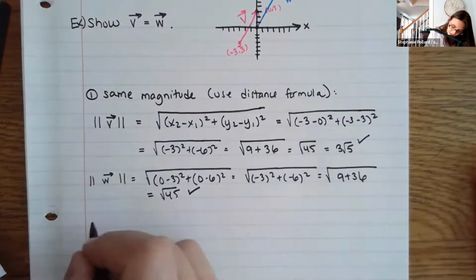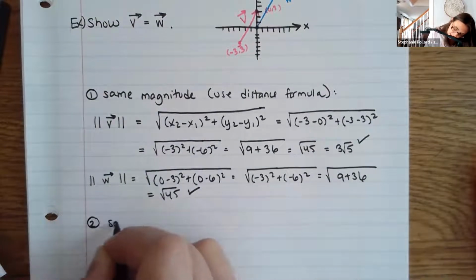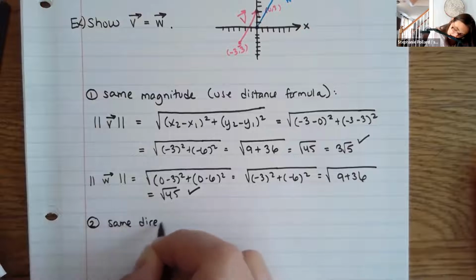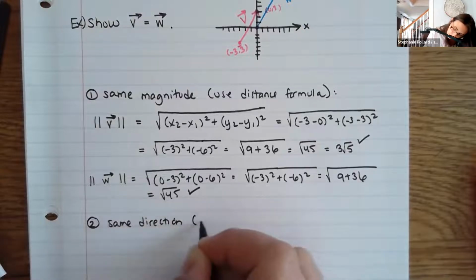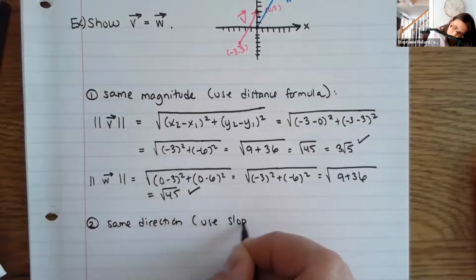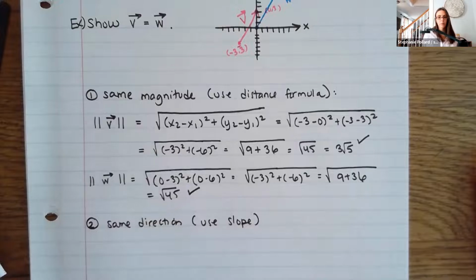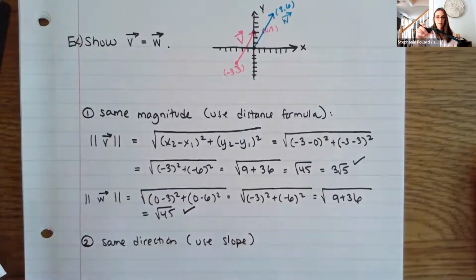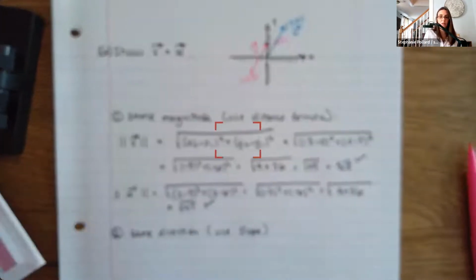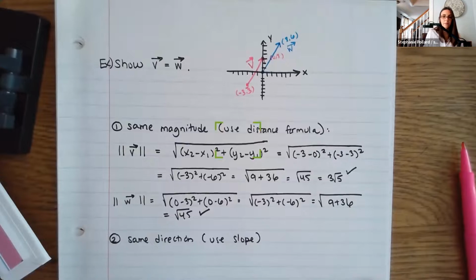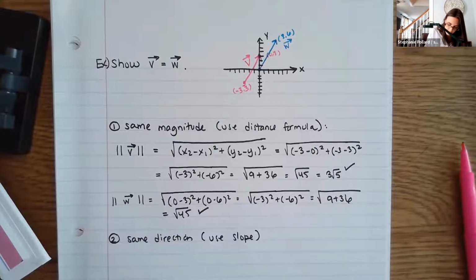Now, the second thing I have to actually check is that they have the same direction. And the way we can do that is we can use slope. Let's do the first vector.